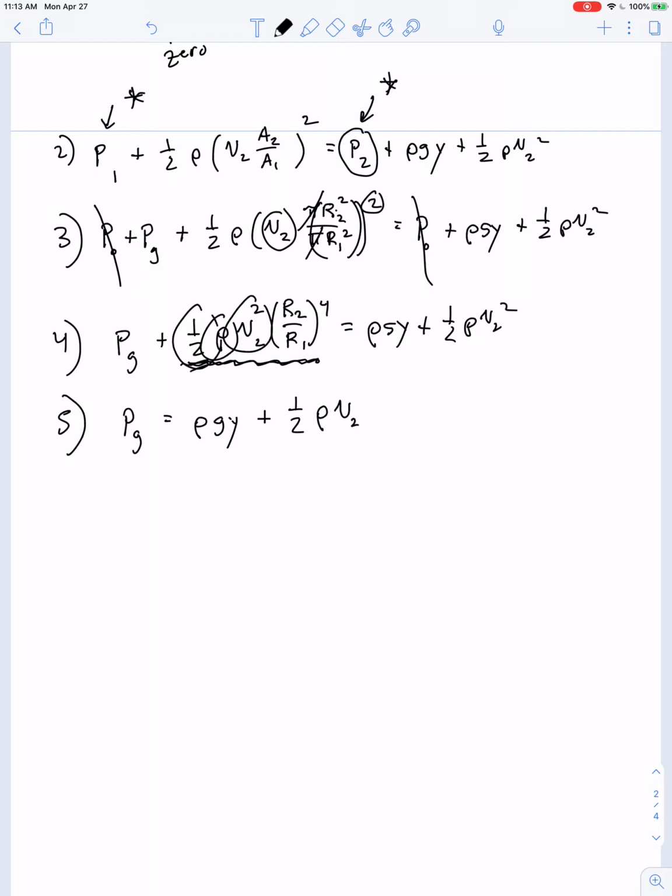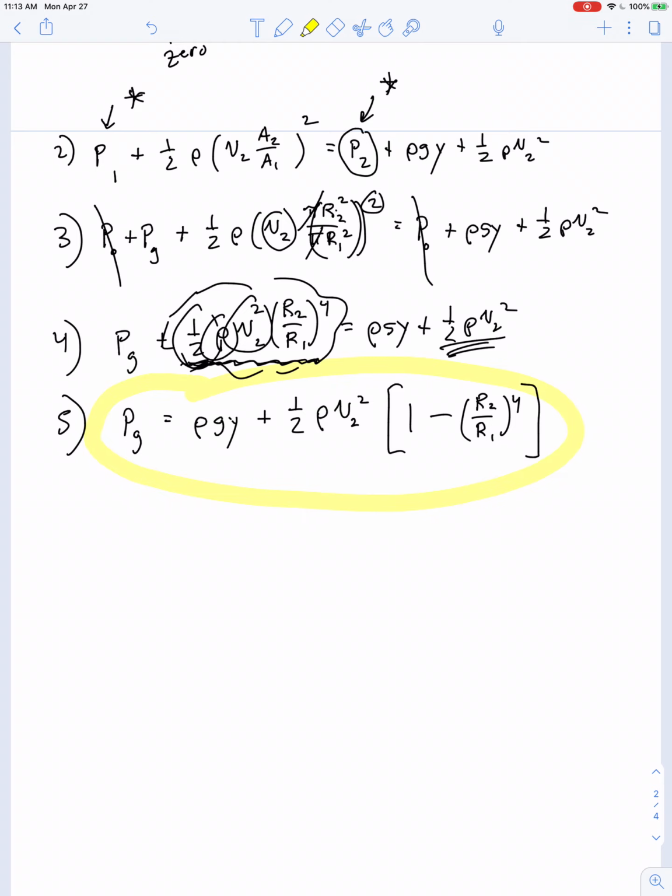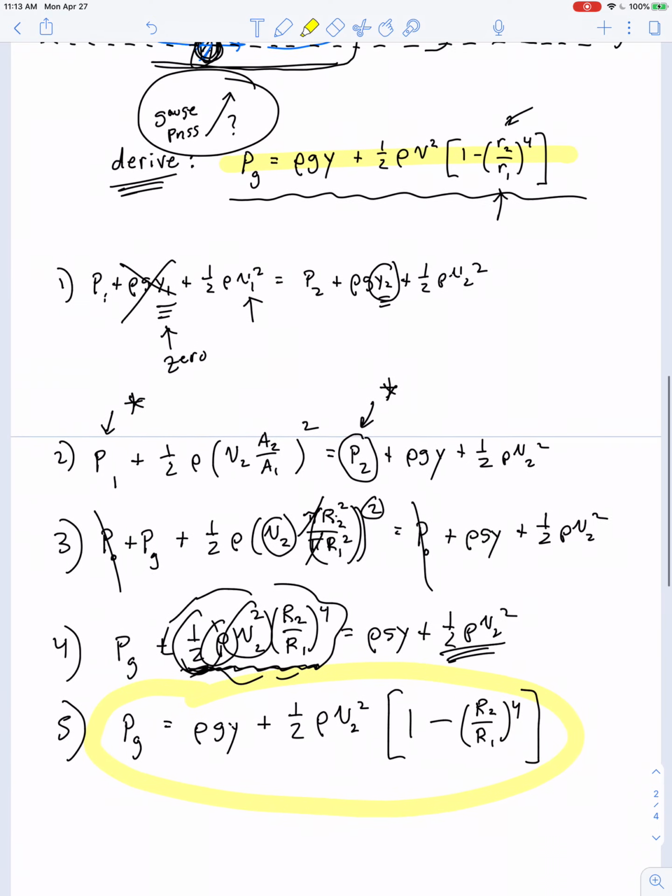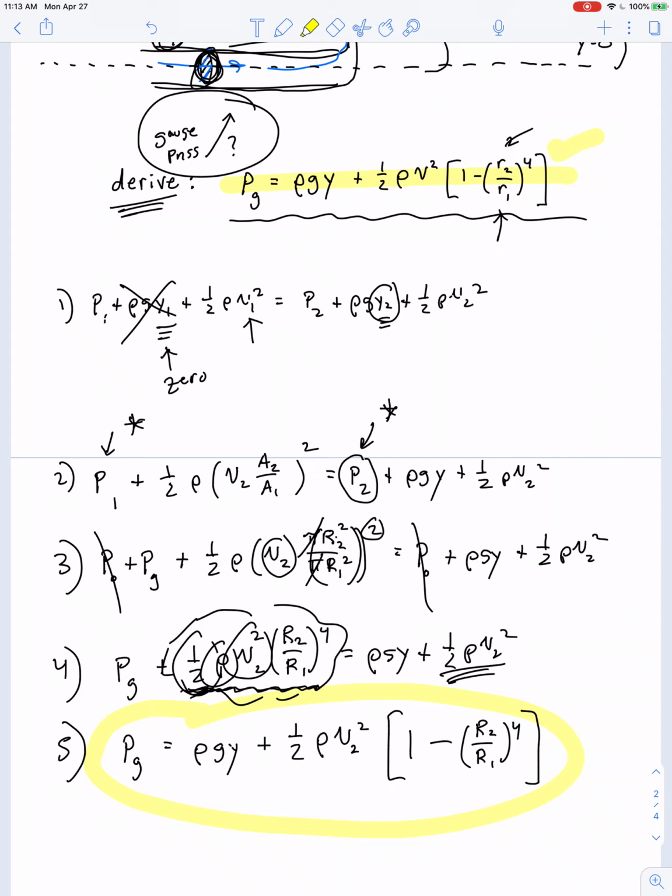And then we'd be left with times the quantity 1 to account for this term, and then minus, because we've subtracted this on both sides of the equation, R2 over R1 to the 4th. So we got the expression that we were out to prove.